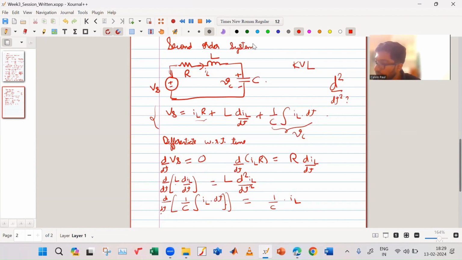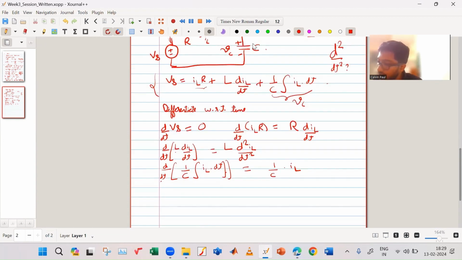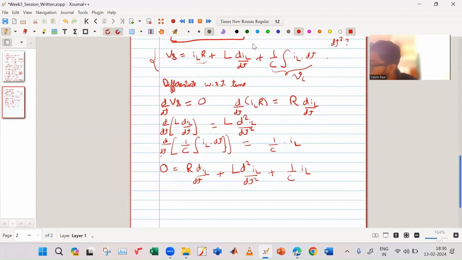So now what have we got? Effectively, when we apply it to this equation, we get 0 is equal to R into dIL/dt plus L into d2IL/dt2 plus 1 by C into IL. So let me rewrite it properly.